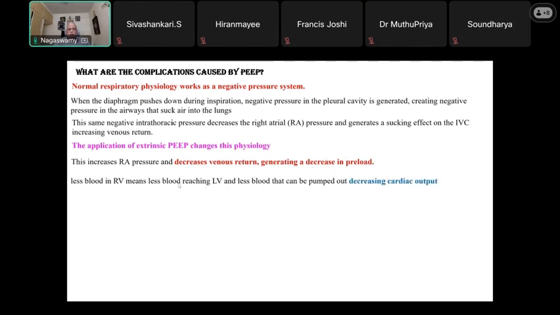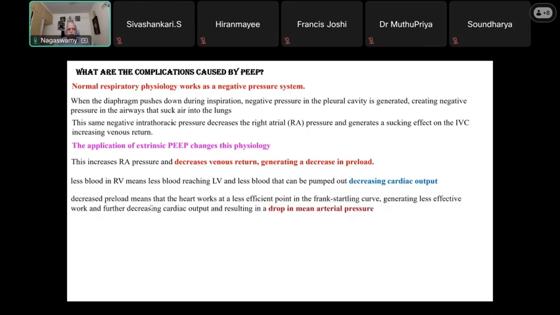Less blood in the RV means less blood reaching the LV, causing decreased cardiac output, and this is the main reason for PEEP to cause hypotension. Decreased preload means the heart works at a less efficient point on the Frank-Starling curve, generating less effective work and causing a drop in mean arterial pressure.